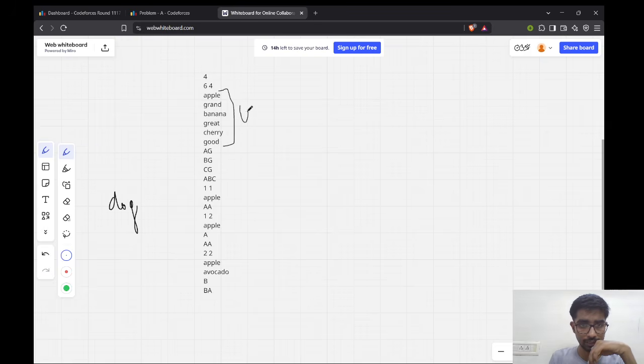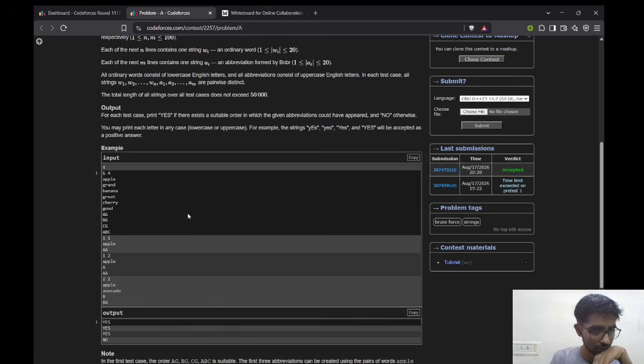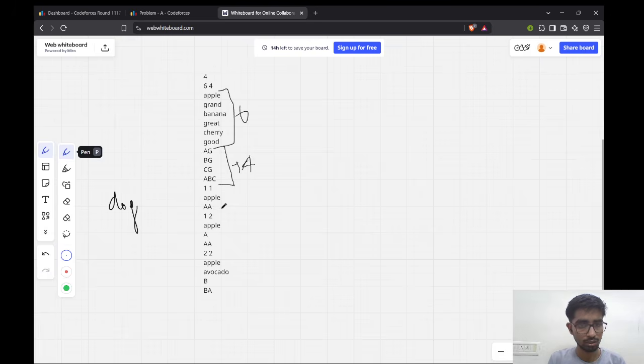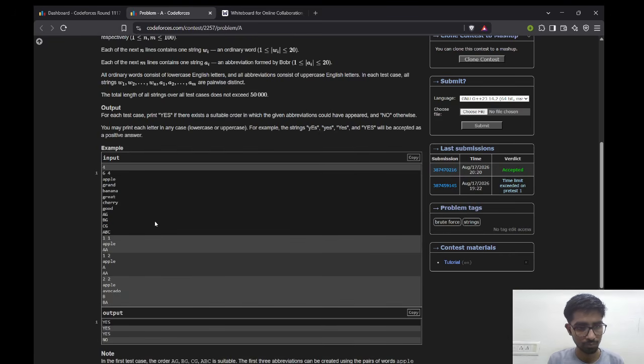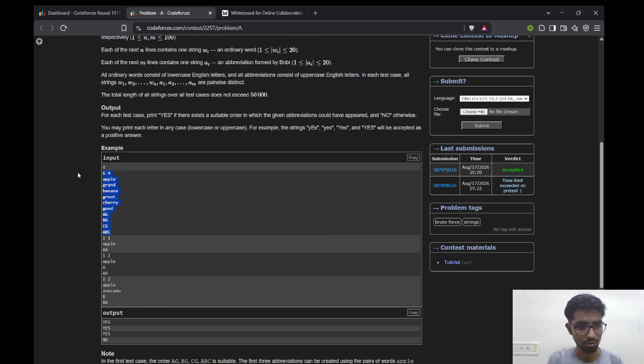The value of N is 6, and the abbreviations are 4, for the first case we are solving. I think I have copied all 4 cases.